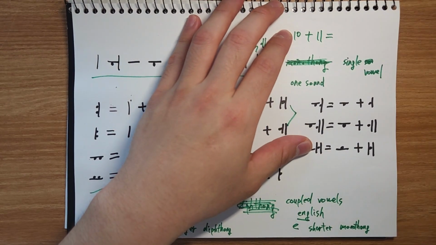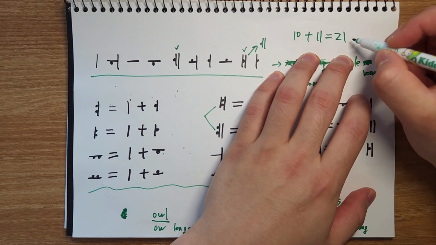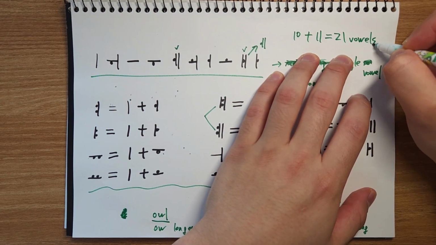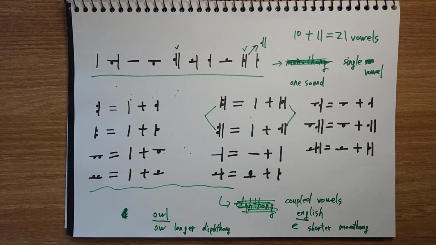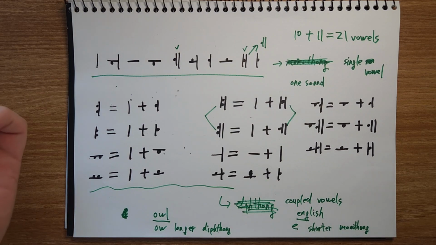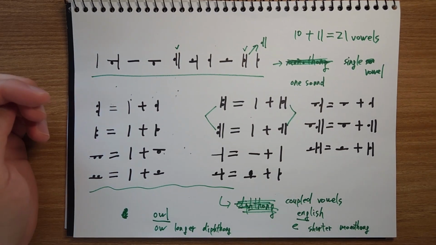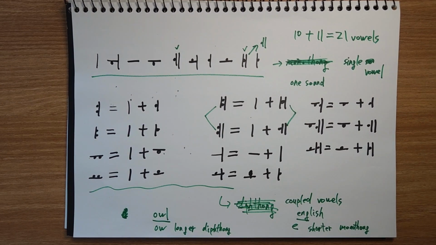So in Korean, there are 21 vowels in total. These sounds are all similar to you, and maybe hard to distinguish, but I have the plan. So all you have to do is follow my plan, and see you in the next video.